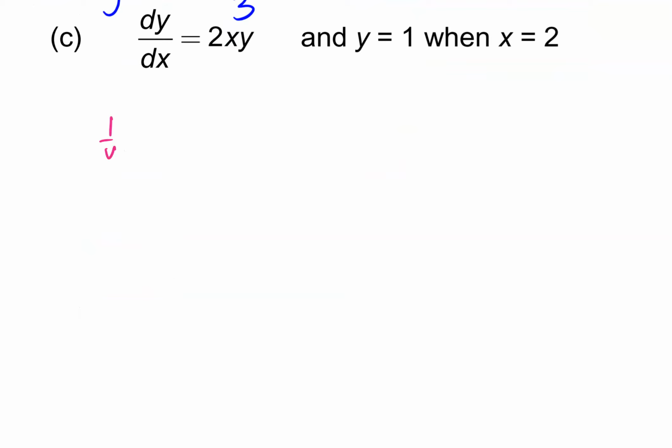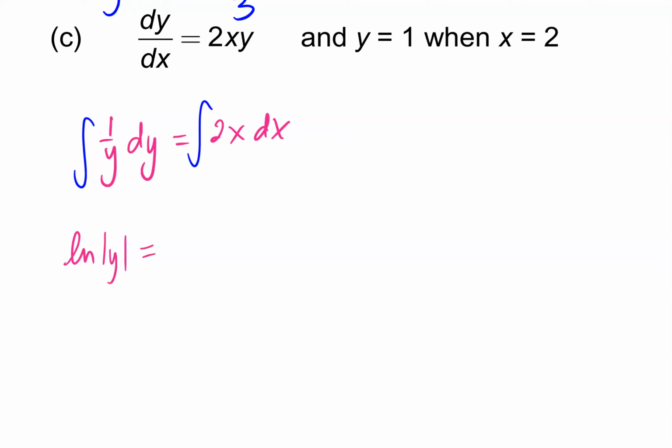So I'll split it, and this will be 1 over y dy is equal to 2x dx. Take the integral of both sides. Okay, so I get ln of absolute value of y is equal to, let's see, this is y to the first, so add 1 to the exponent, divided by our new exponent, so that goes away, x squared plus c.